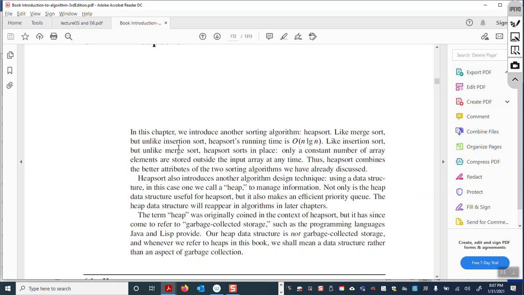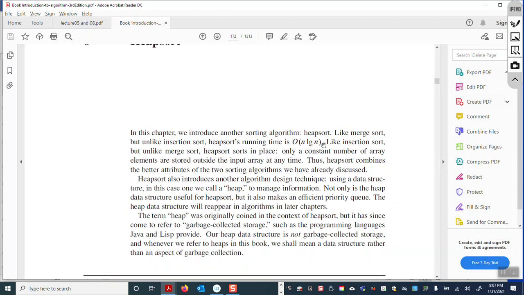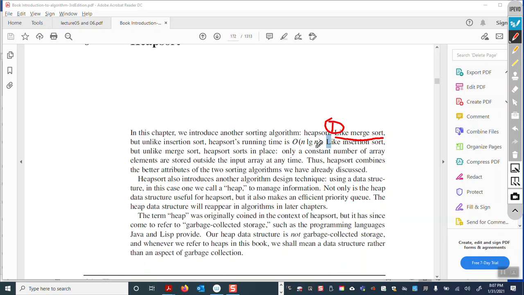Advantage 1: like merge sort but not like insertion sort, heapsort's running time is n log n.